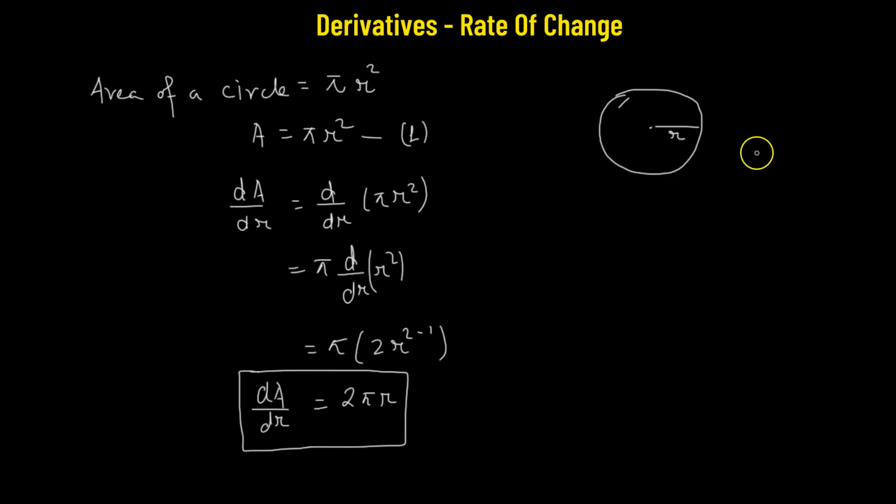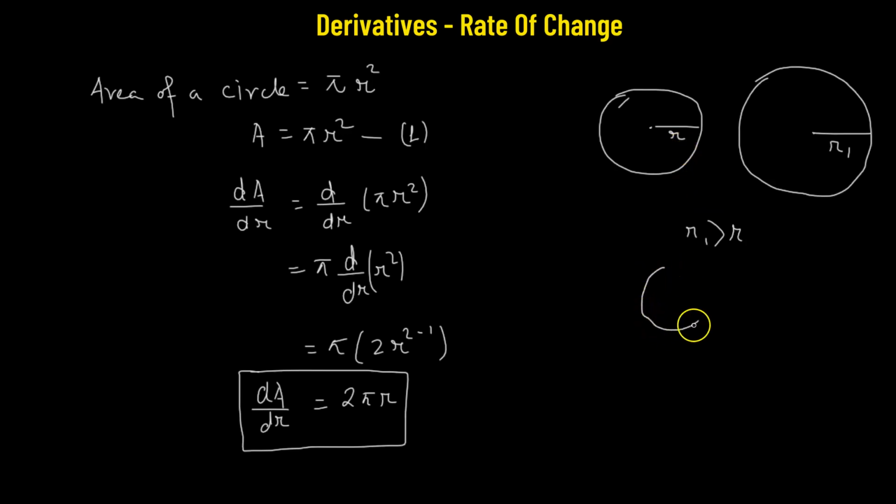Now, let's say after a certain period of time, this particular radius has increased. That means we will get a bigger circle because the new radius r1 is greater than the previous r value. And let's say we have another circle whose radius is r2, and in this case the value of r2 is even less than the original r.